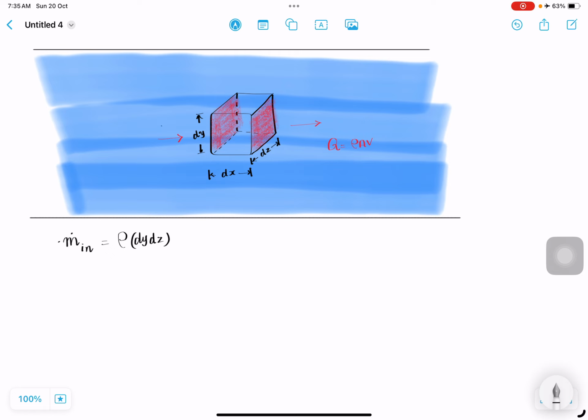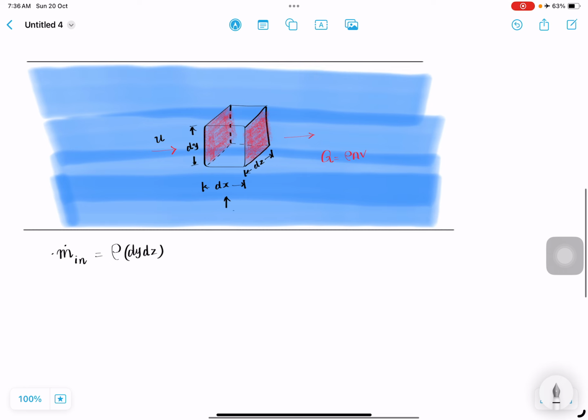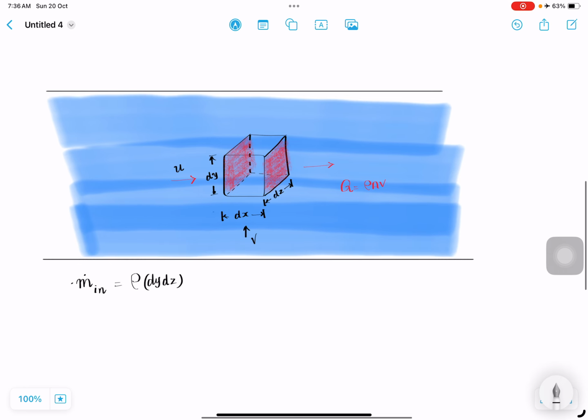So the fluid velocity that is coming along the x direction is denoted by the notation u, and the fluid that is coming along the vertical direction, that velocity is going to be denoted by the notation v, and the fluid that is going in this direction, that velocity is going to be denoted by the notation w.